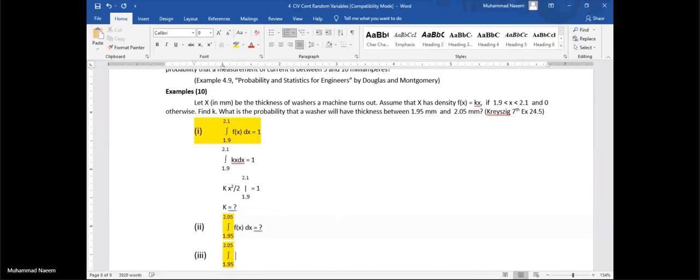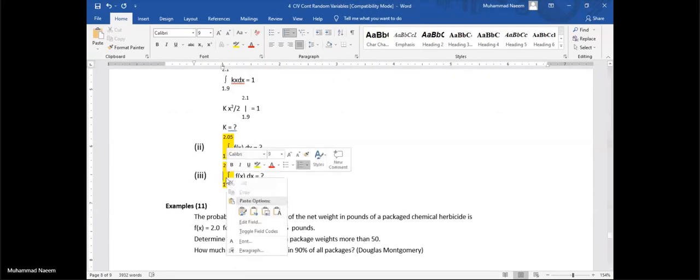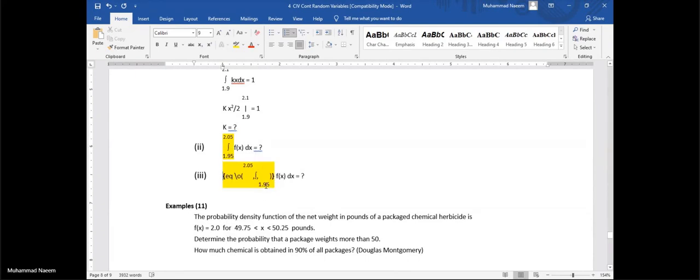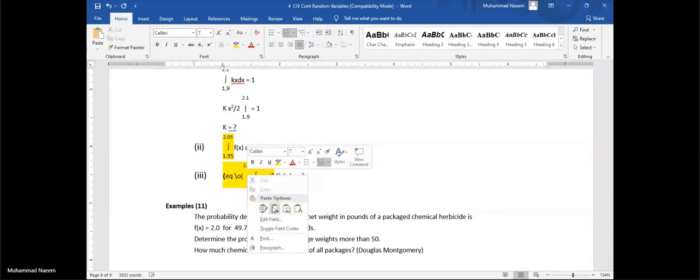Let's say we need to integrate our density function for the range 1.95 to 2.75.